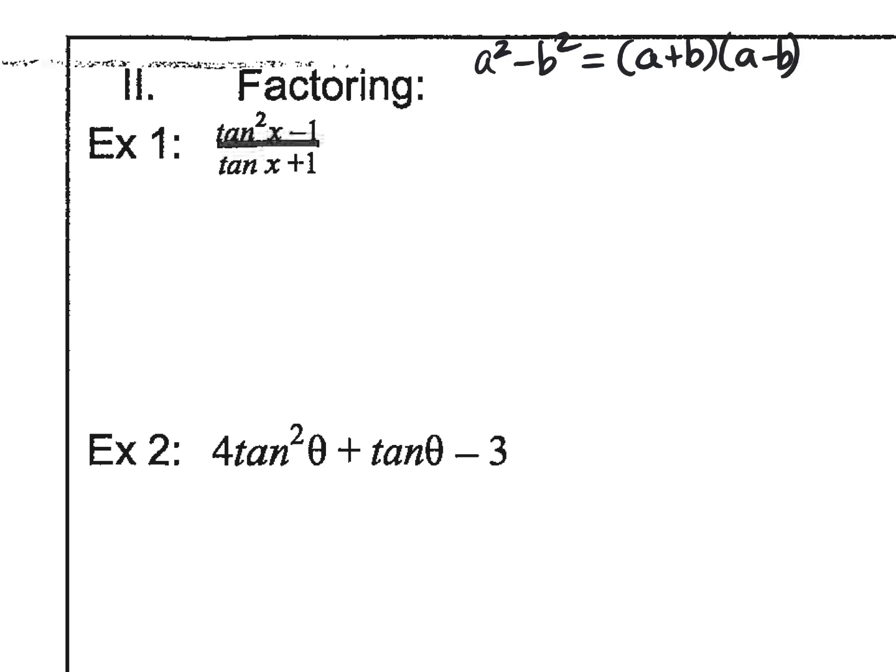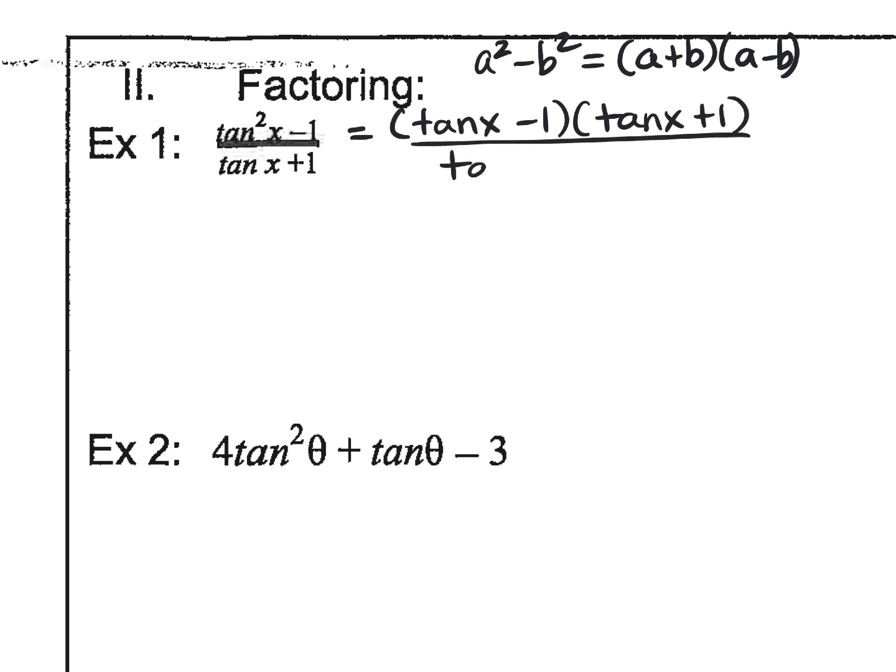Do you see how that would help us in this first problem? So tangent squared of x minus 1 can be factored into tangent x minus 1, tan x plus 1, all over.